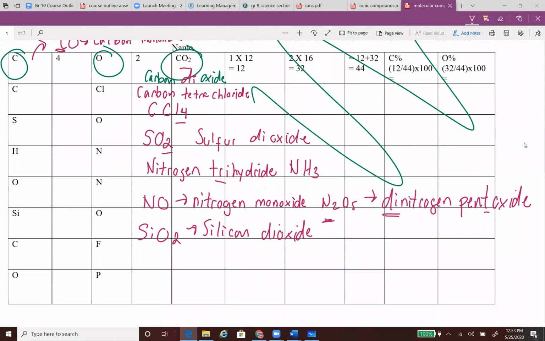Let's say we have this. Carbon tetrafluoride. Then its formula would be CCl, oh, fluoride, not chloride.